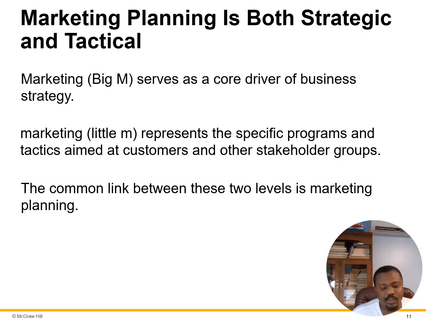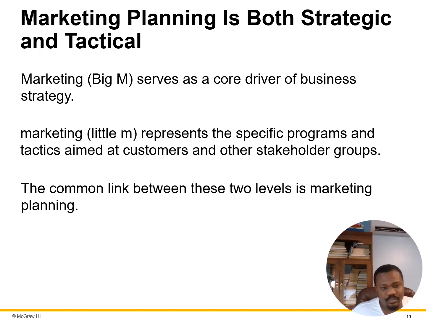But when we talk of marketing with the small m, it represents the specific programs and tactics aimed at customers and other stakeholder groups. So this is the difference. Big M is the core driver of business strategy, while small m represents the specific programs and tactics aimed at customers and other stakeholder groups.